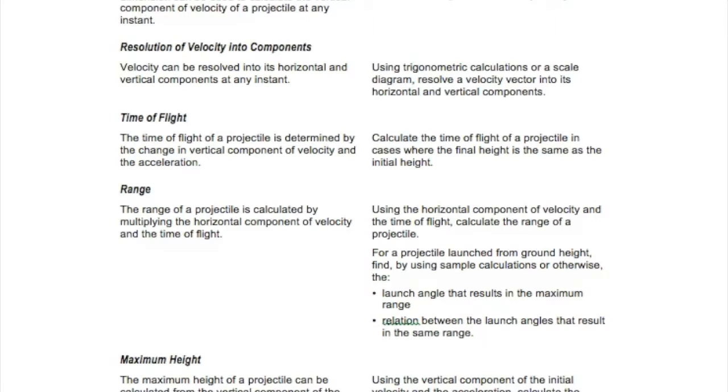We do this by doing trigonometric calculations, and both Hewitt and Owens have clips to show us how to do this. The vertical component is the most important of the 2 components, as we can use it to calculate the maximum height and the time that it takes for the projectile to reach that maximum height. To calculate the total time of flight, all we will need to do is double this value.